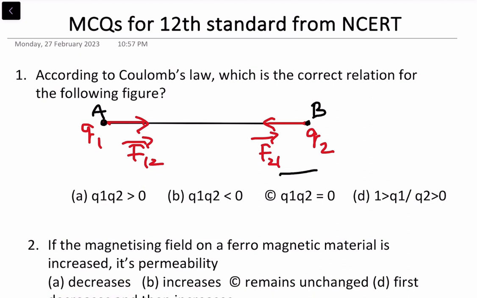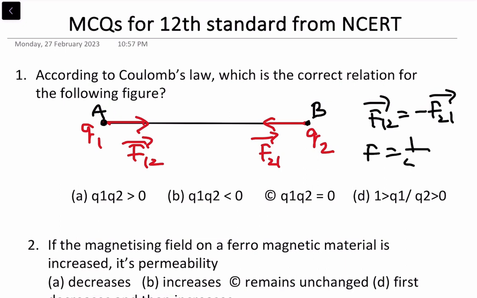So if you see, if the arrows are towards each other, there is a force of attraction between them. Now when there is a force of attraction, we know that F12 bar is equal to minus F21 bar. Now we all know Coulomb's force, F is equal to 1 by 4 pi epsilon naught Q1 Q2 by R square.